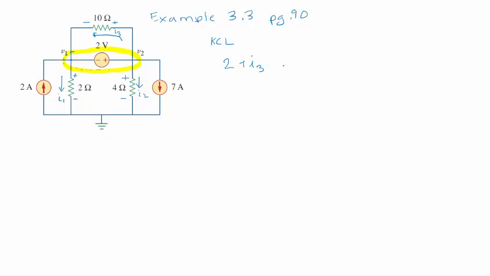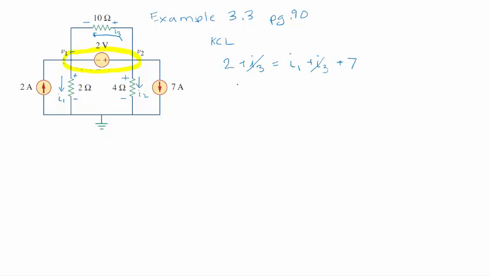And then going out is I1. I3 is going out. And 7 amps is also going out. So voila, that I3 really doesn't matter because it both goes into and goes out of this supernode right here with the voltage source in it.